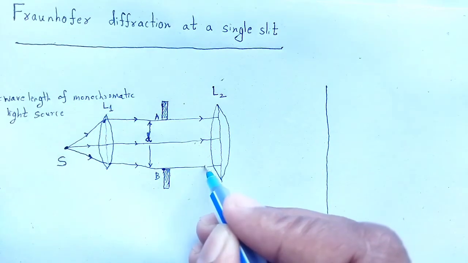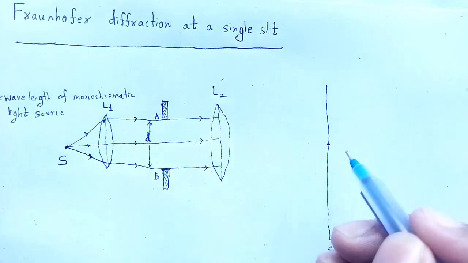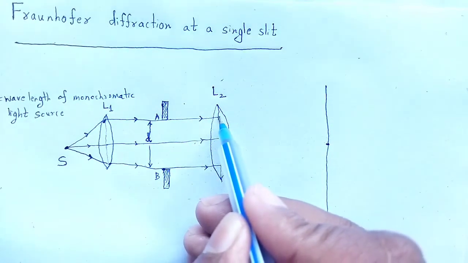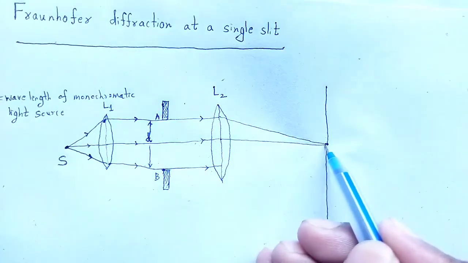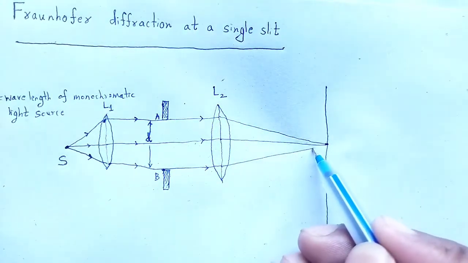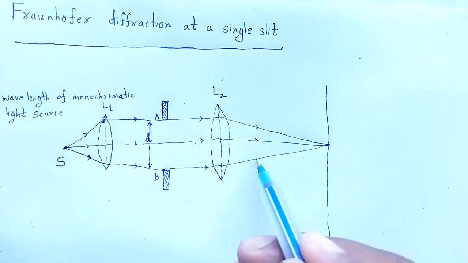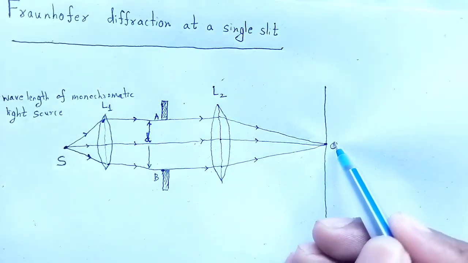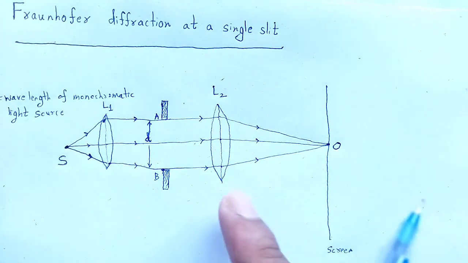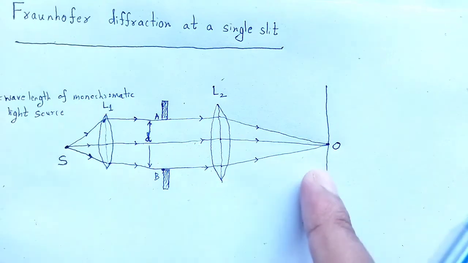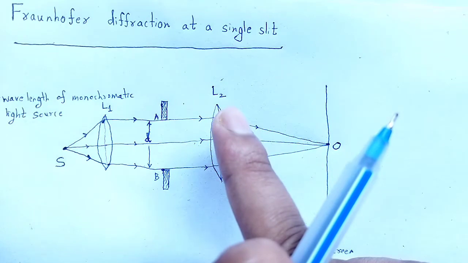The parallel light waves now converge to a point on the screen, that is O. That screen is placed in the focal plane of the convex lens L2.